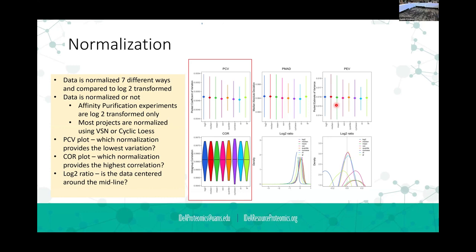So the data is normalized 7 different ways. The first one over there on the far left is just the log2 transformed. What we want to do is try to minimize the amount of variation in this top plot, and try to maximize the correlation in this bottom plot.